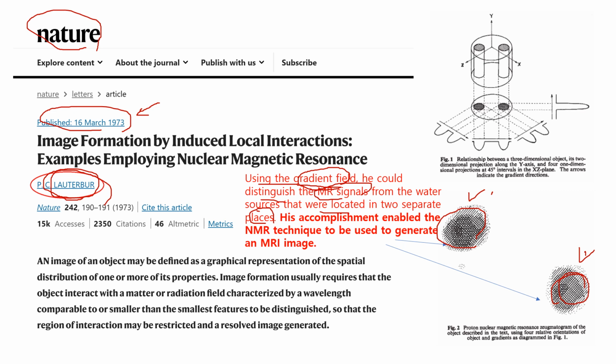He could distinguish MR signals coming from this water source and that water source using the gradient field. This accomplishment enabled the NMR technique to be used to generate MRI images.